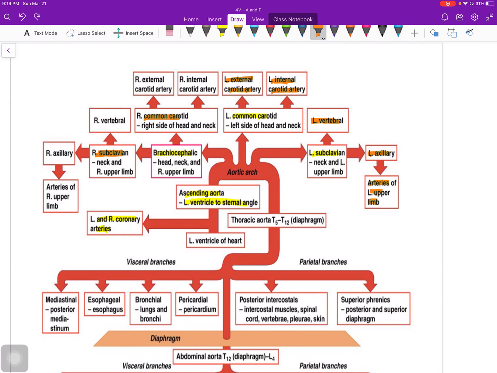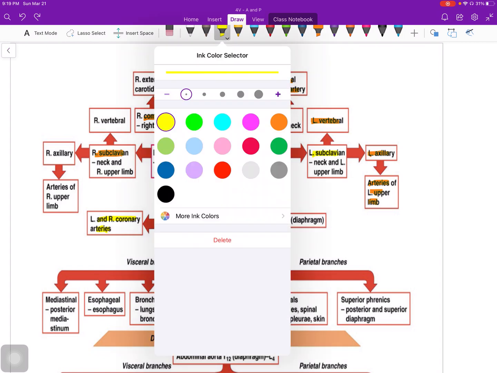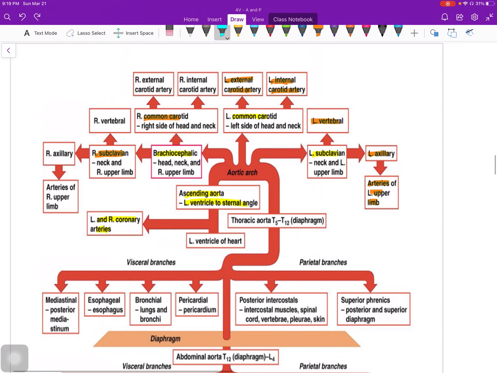And from there, again, if you have it on the right, you have it on the left. So if I've got a left vertebral, I've got a right vertebral. Then I've got right axillary and then arteries of the right upper limb, just like I have arteries of the left upper limb. The only difference is that in this case, these are third branches.